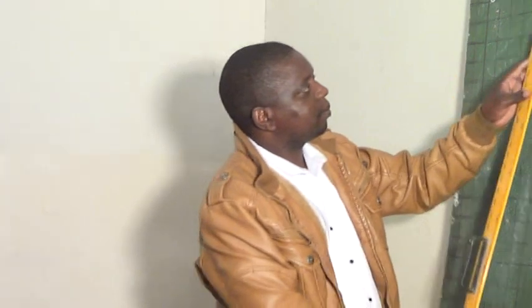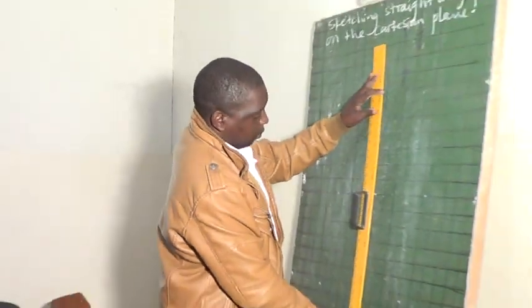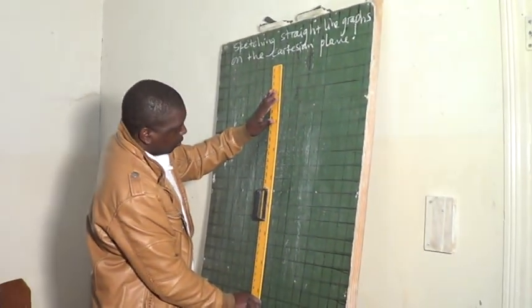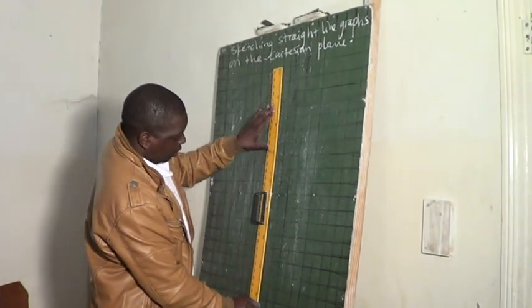That's a sketch graph altogether. To show that you have just sketched the graph, it must show the y-intercept and the x-intercept altogether. Let's have a Cartesian plane.